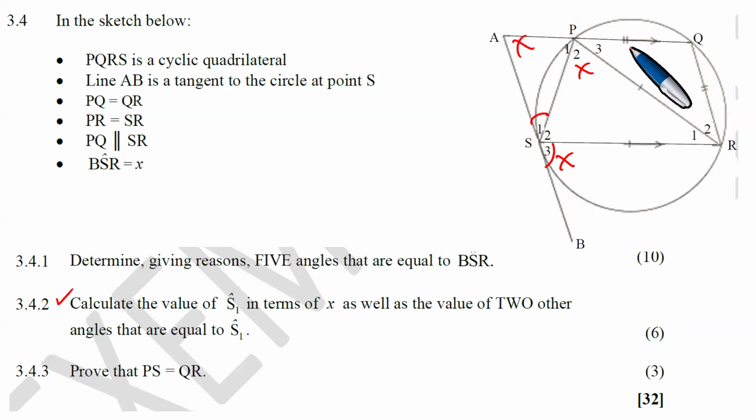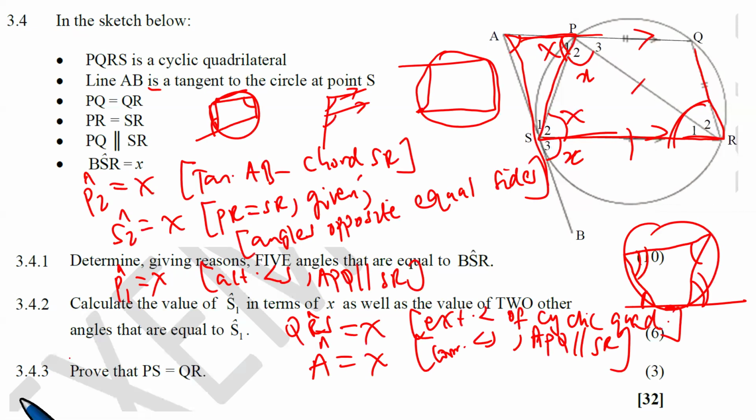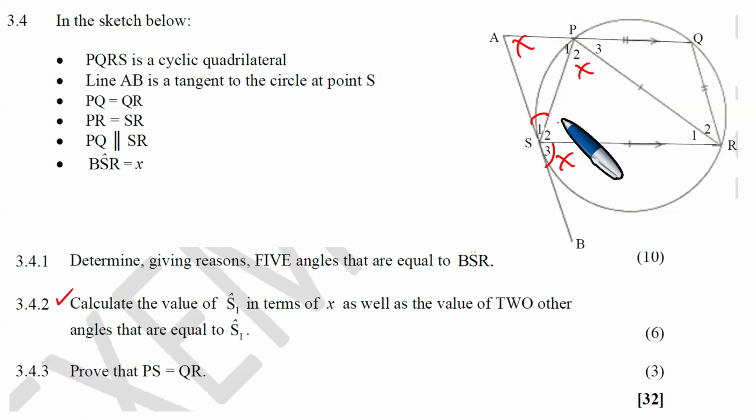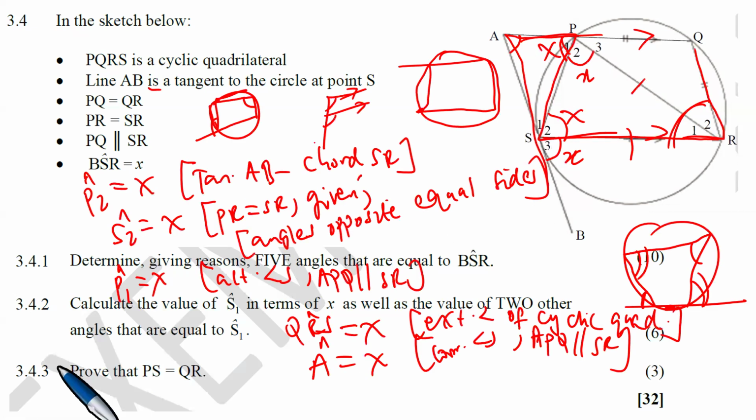Okay, so we found this one is X. See what else we've been able to get here. XX, see if we have labeled X, and also this one is X because of the base angles. Let's see what else. This X here.